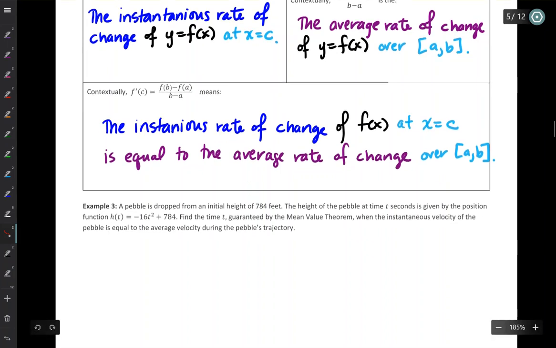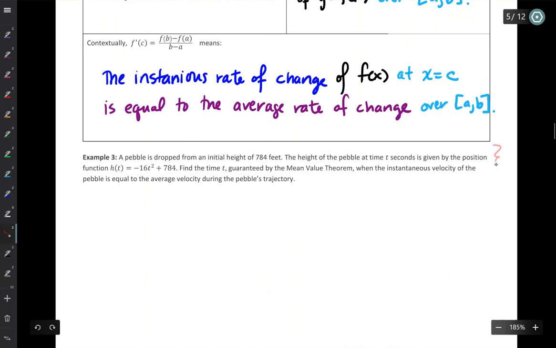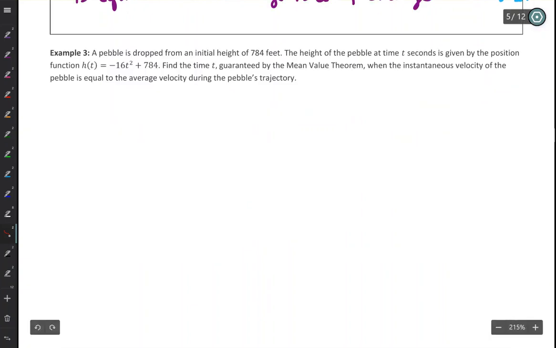So with that said, we're going to do a similar type situation utilizing the mean value theorem here in example 3. All right, so a pebble is dropped from an initial height of 784 feet. The height of the pebble at time t seconds is given by this position function. h of t is minus 16t squared plus 784.